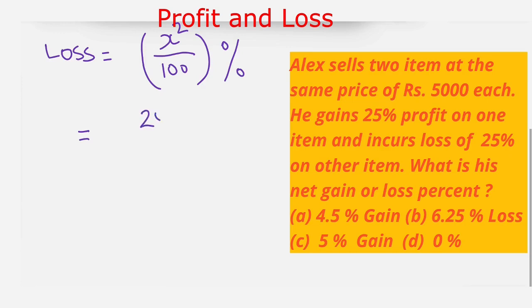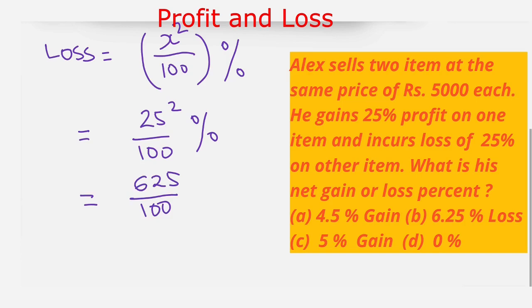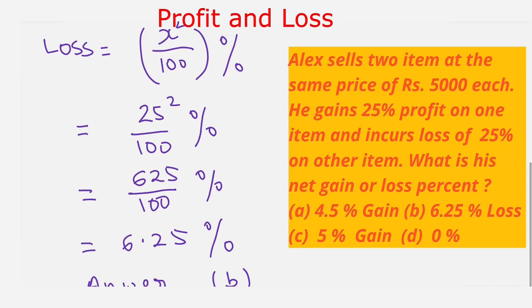So we write 25 square divided by 100%. This is 625 divided by 100%, which is equal to 6.25%. This way we can solve such types of questions using the above formula. Our answer is option B, 6.25% loss.